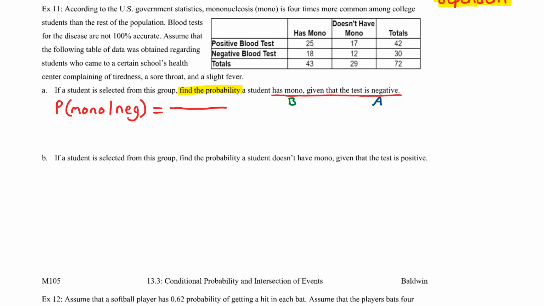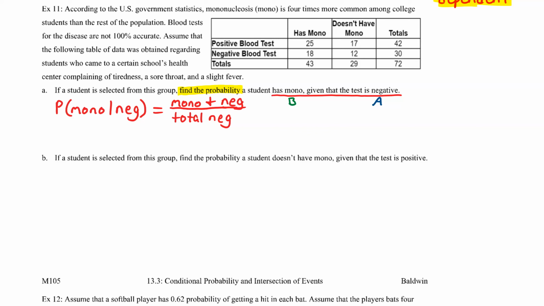We're narrowing down this group of 72 and putting our focus just on the ones that tested negative by their blood test. So that's going to be our denominator. It's the total number of negative. Now the numerator is how many students with the intersection fall into both of those categories. How many have mono and tested negative by their blood test.